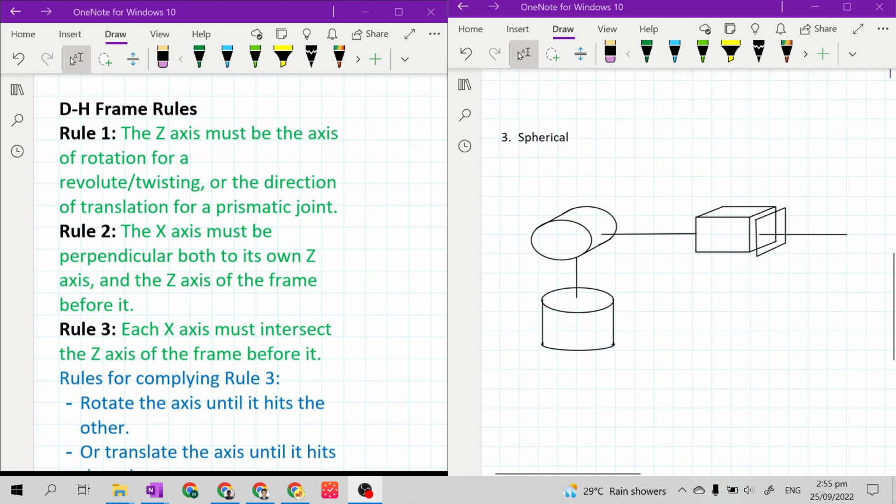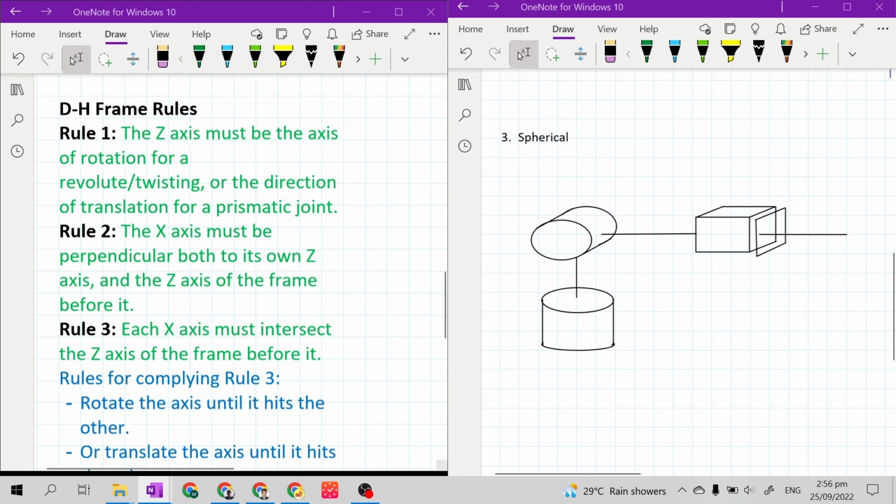I have already here an assembly of a spherical manipulator, the 3 degrees of freedom spherical spatial manipulator, that has an RRP configuration. So let's start by assigning the indicators and labels of our mechanical manipulator.